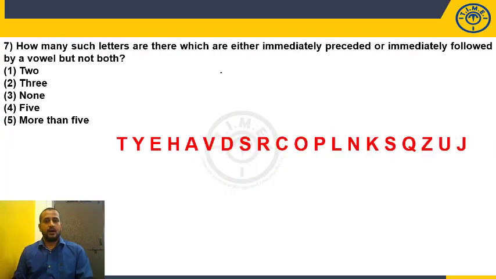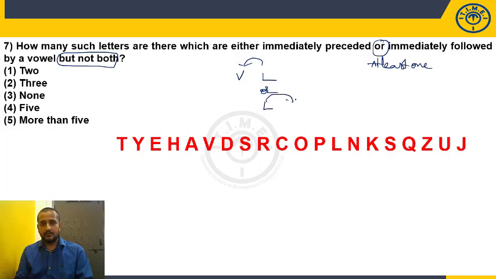Now, the 7th one. How many such letters are there which are immediately preceded or immediately followed by a vowel, but not both? "Or" is nothing but what I told: at least one. So a letter immediately preceded by a vowel, or immediately followed by a vowel, or both. If it is not given, we can consider all these three.